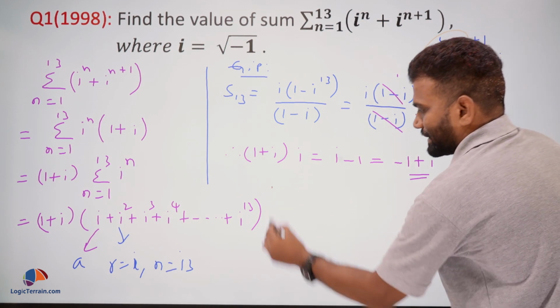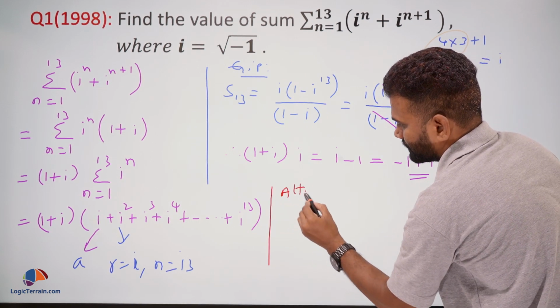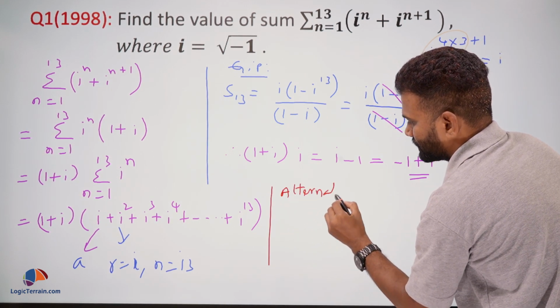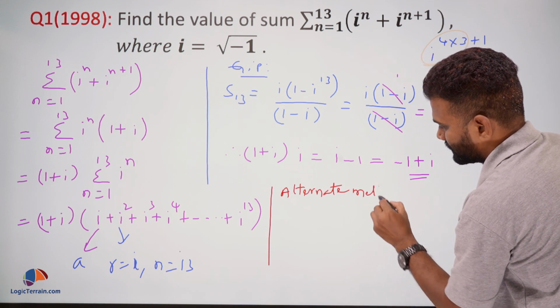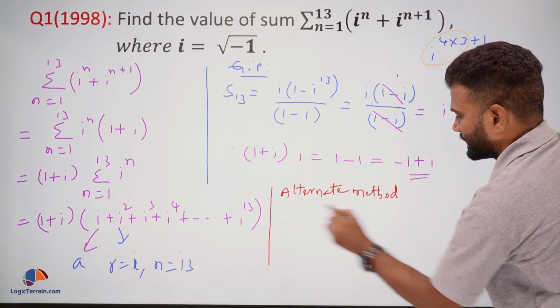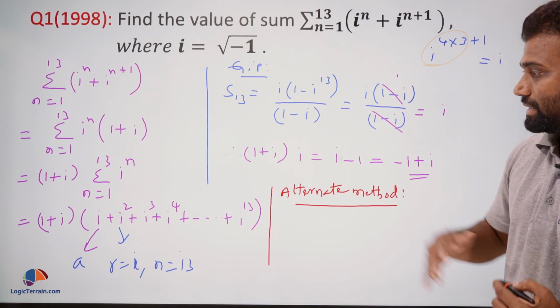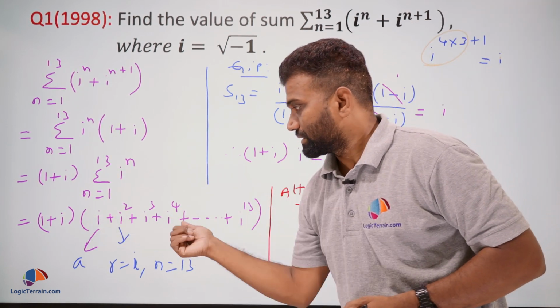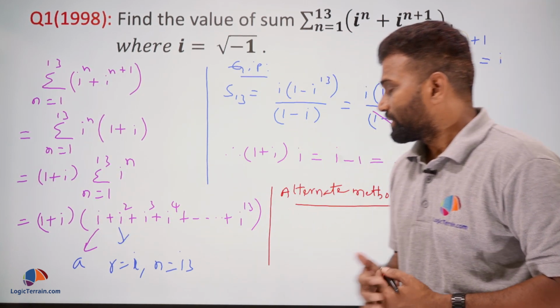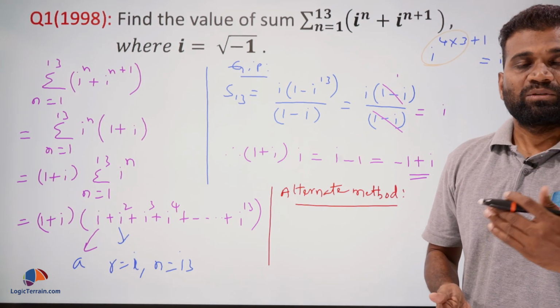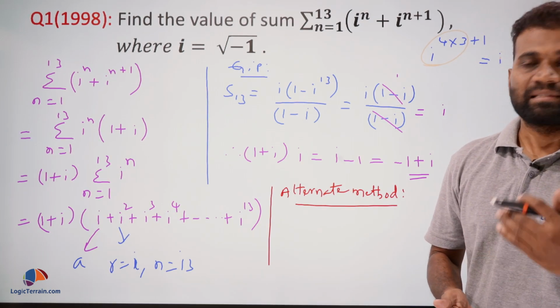Here is the alternative method. Alternate method. Without using this GP, straight away we can find this value from here. We know that the sum of any two consecutive powers of i is 0.